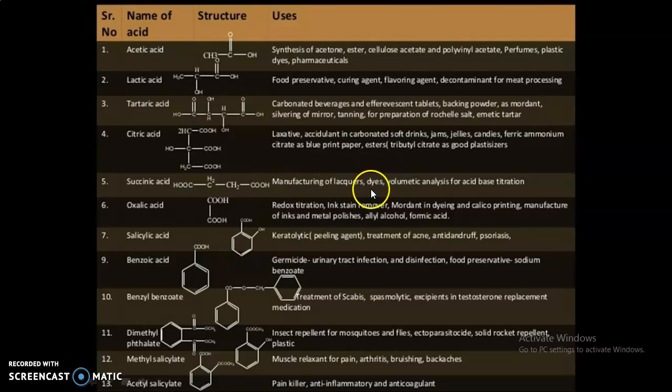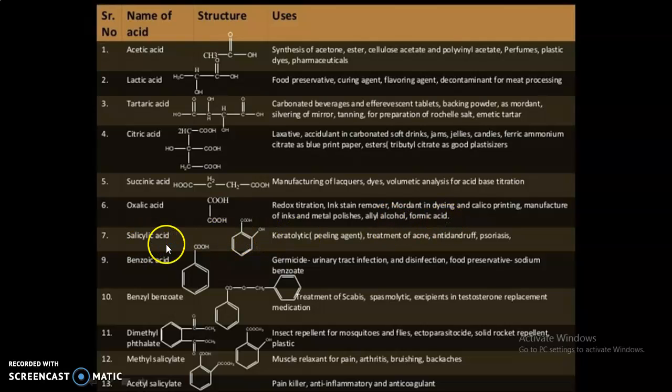It is used in the manufacturing of liqueurs, dyes, and in volumetric analysis for acid-base titration, etc. Next one, oxalic acid. This is the structure of oxalic acid. It is used in redox titration, as an ink stain remover, as a mordant in dyeing and calico printing. It is also used in the manufacture of inks and metal polishes, allyl alcohol, and formic acid.